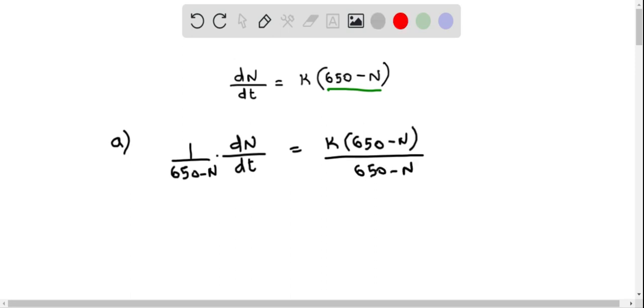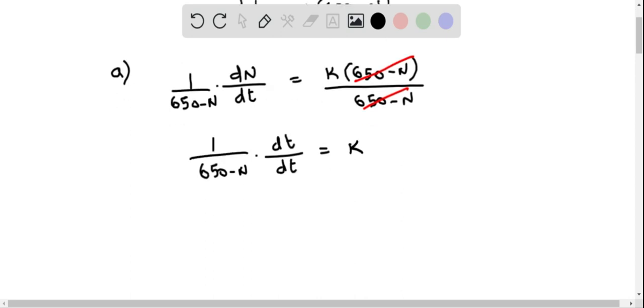This simplifies: these two factors get cancelled, and on the left side I have 1 over 650 minus n times dn over dt, and this equals k. Now I multiply both sides by dt.